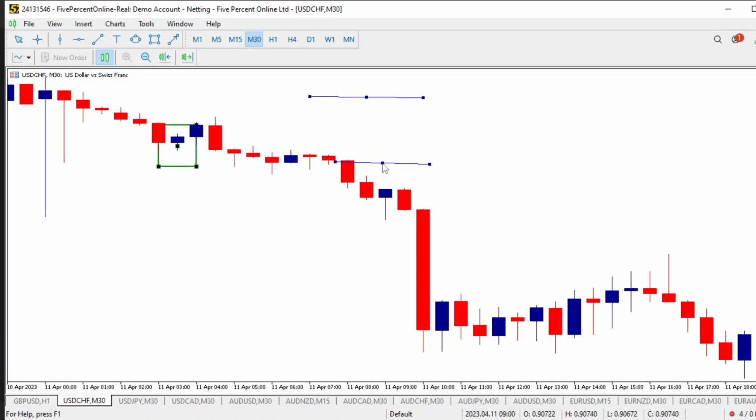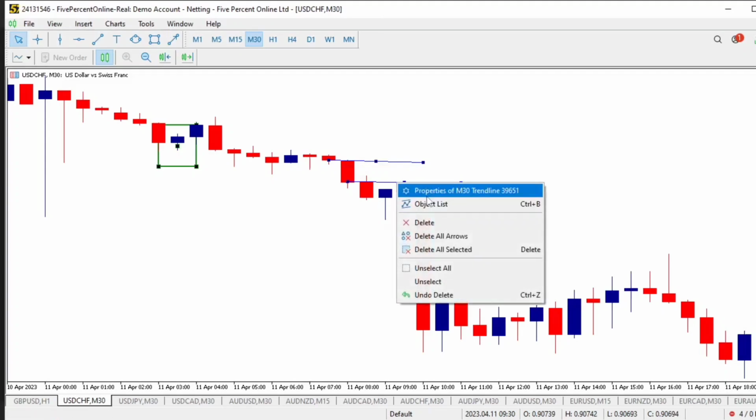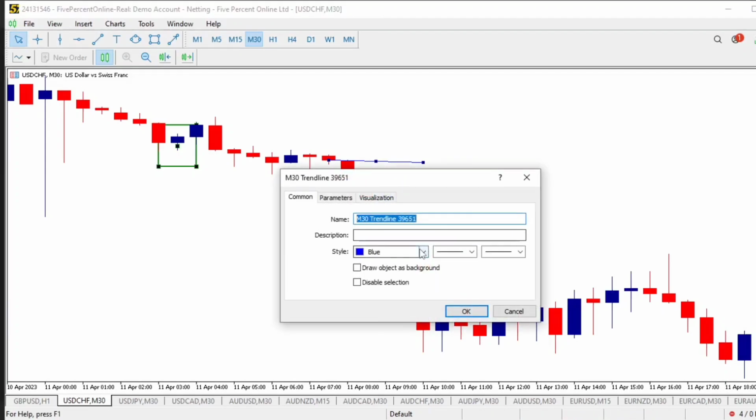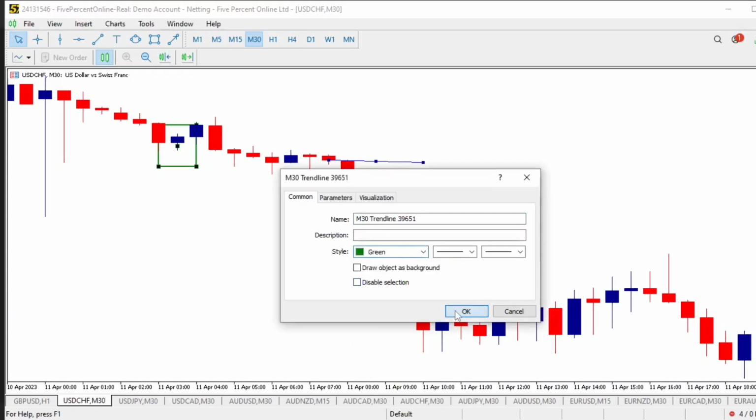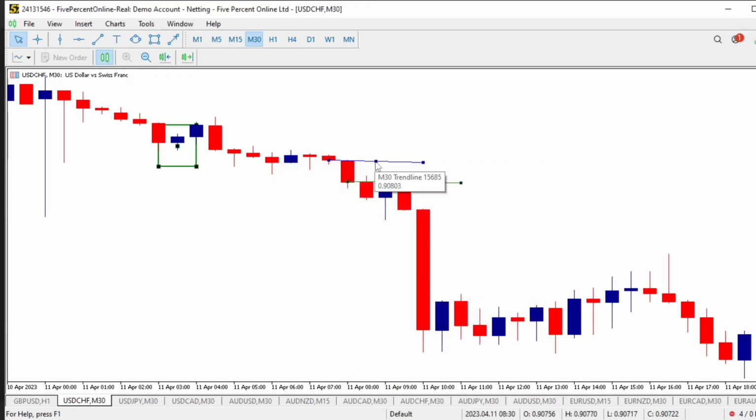It got to this place, opened there, closed at this level. Now it closed at this level, it opens here again. This next candlestick closes at this level, it opens here, closes at this level.